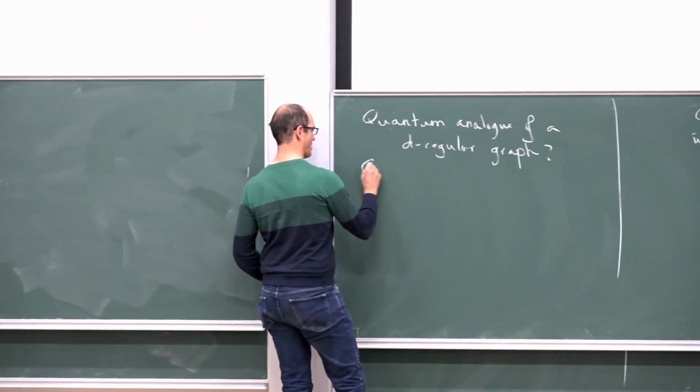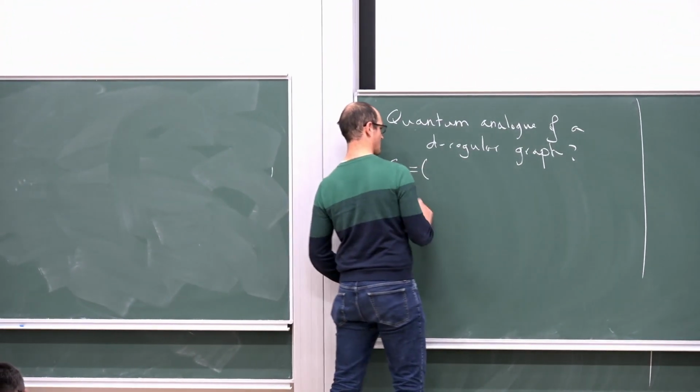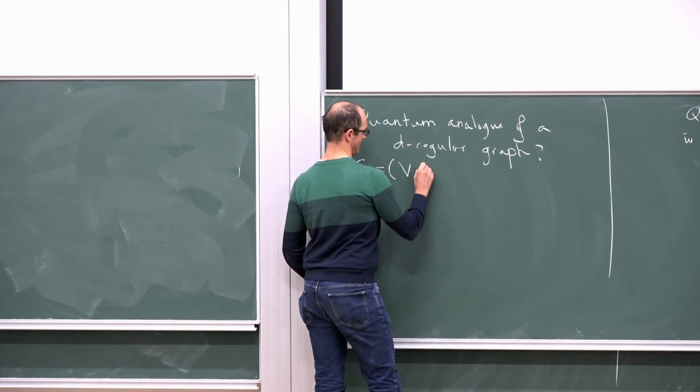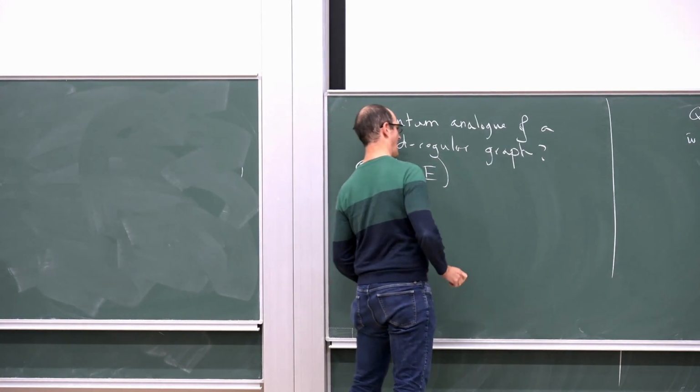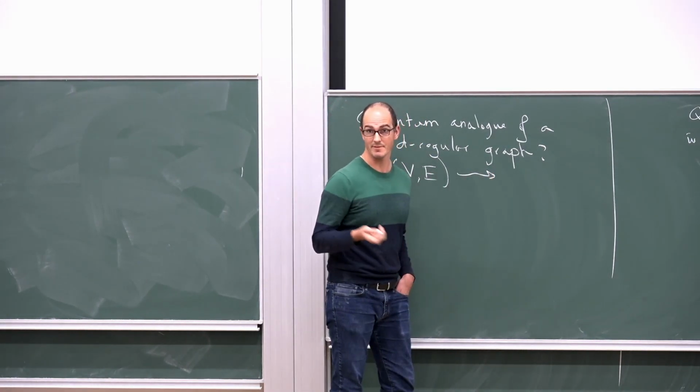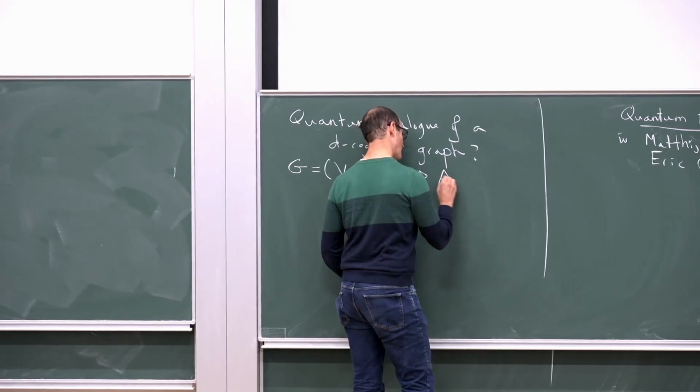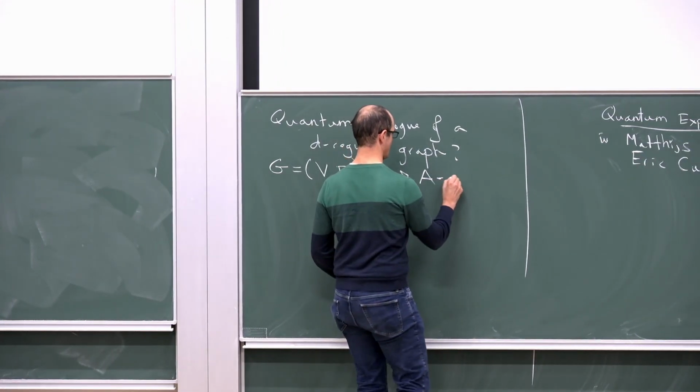Such a graph, we usually write as G. It's got a set of vertices and edges. And associated to this, of course, we have an adjacency matrix, A.